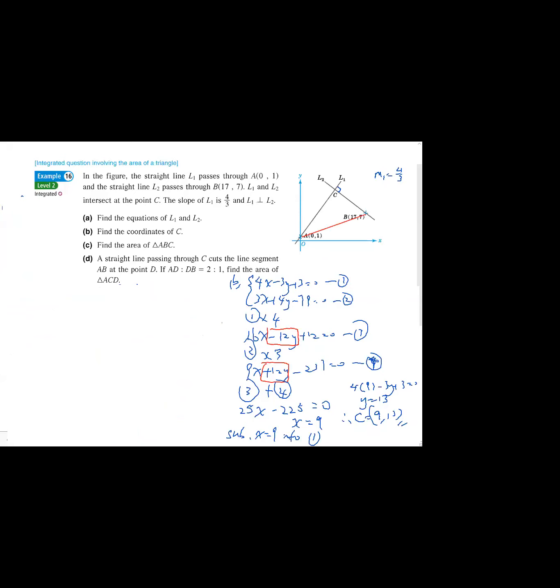Okay, triangle ABC, and it is not so bad because it is already a right-angled triangle.